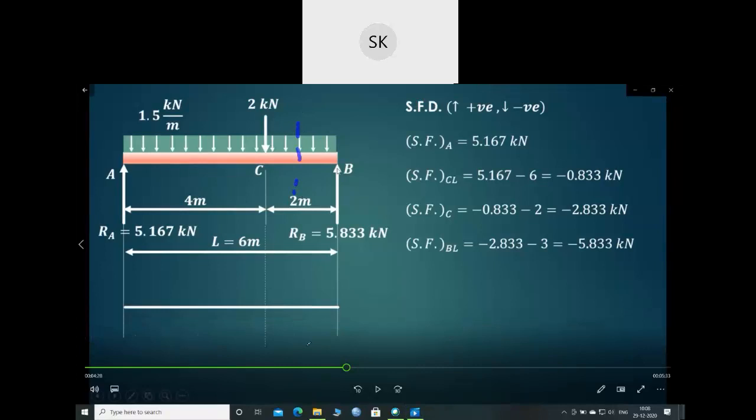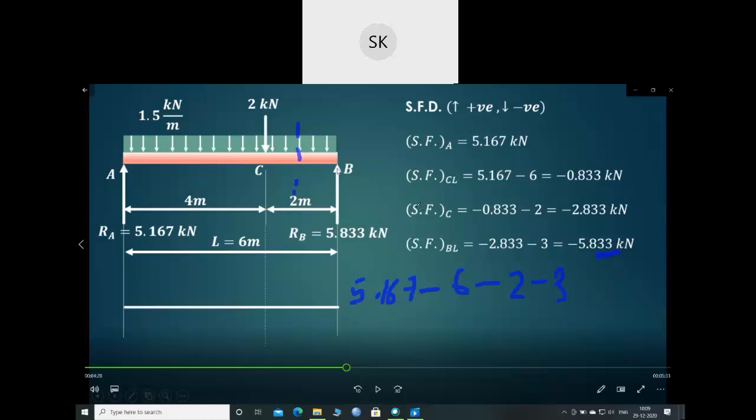I have one load which is 5.167, in the upward direction, minus 1.5 into 4, which is 6, downward, again minus this 2, again minus 1.5 into 2, which is 3. If you solve this, you will get this one only.